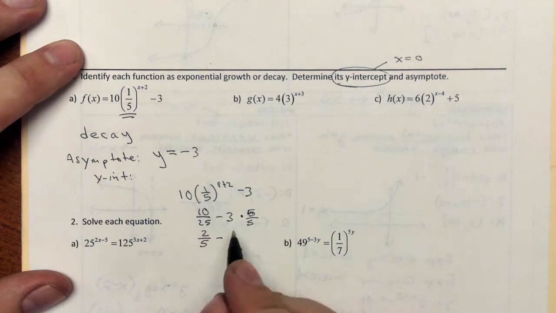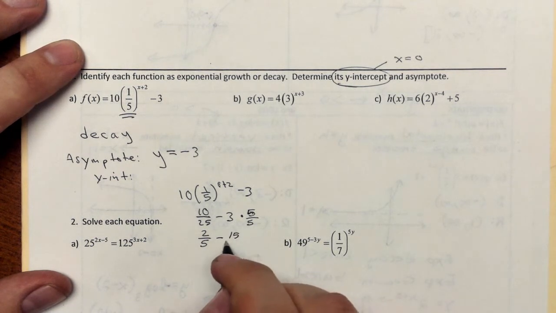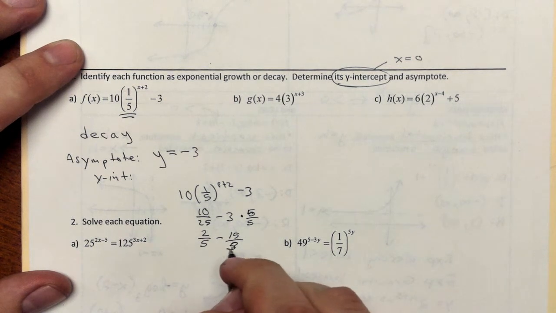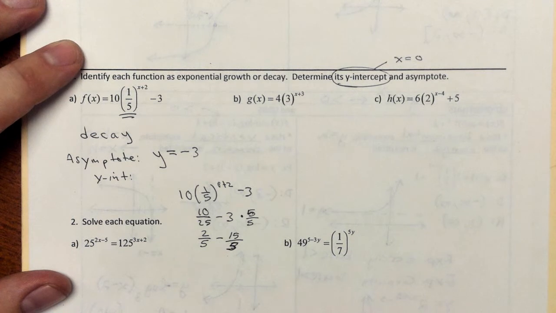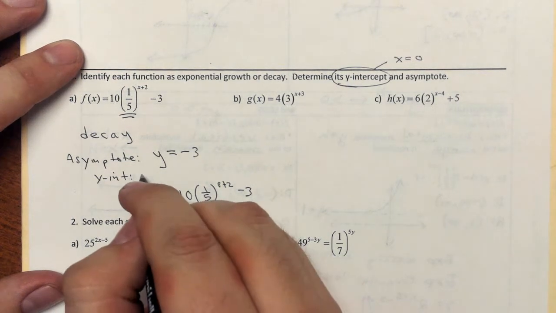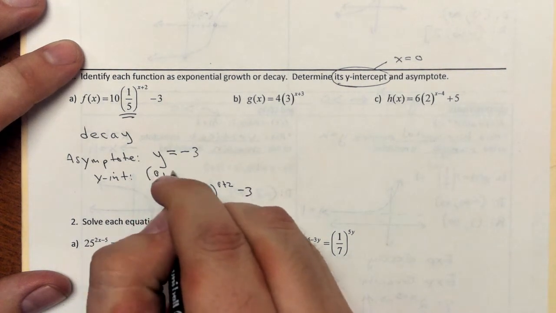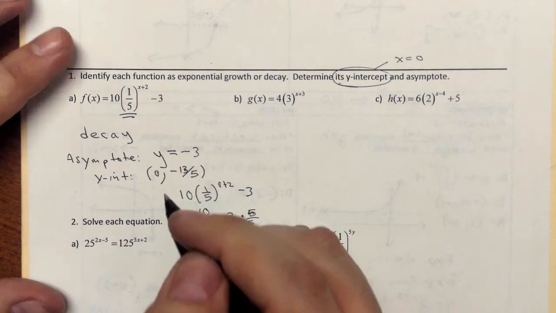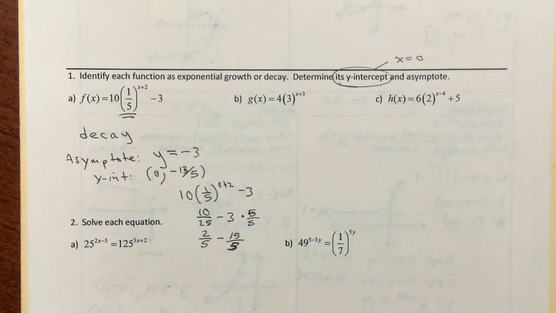Multiply by 1, that keeps it equivalent. That gives me 15/5. 2/5 minus 15/5, I wrote thirds. 2/5 minus 15/5 is -13/5. So my y-intercept is the ordered pair 0, -13/5. And you do all the others in a similar fashion.